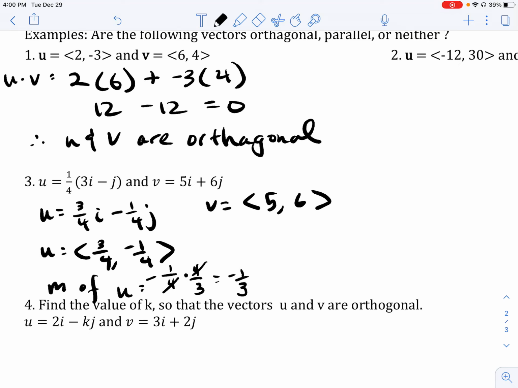All right, so that is equal to negative 1/3. Now, if we look at the slope of vector v, that's going to be equal to rise over run, 6 over 5. Now look at these two slopes.